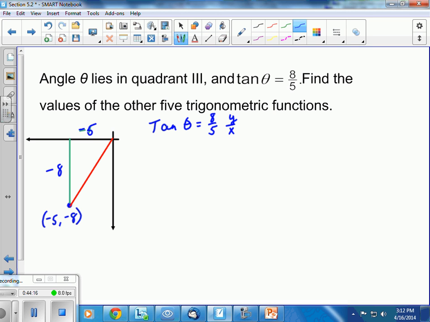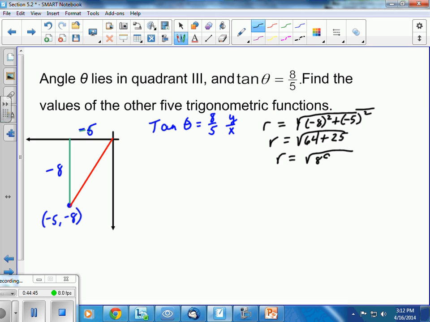And of course, to find my trig functions, I do have to find my hypotenuse. So r is equal to the square root of (-8) squared plus (-5) squared, which of course is the square root of 64 plus 25. r would then equal the square root of 89.